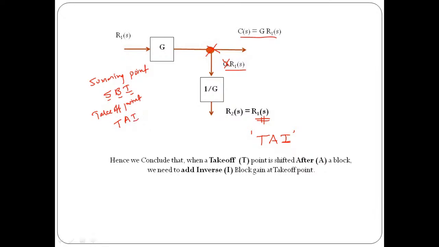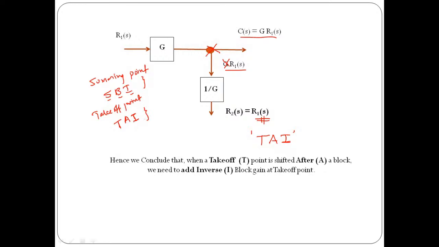So what is TAI? Whenever a takeoff point is shifted after a block, we need to add inverse block gain. So if you remember these two rules, then it is very easy to apply any logic. For example, if the summing point is shifted before a block, we need to add inverse block gain. In the same way, if the summing point is shifted after a block, we need to add same block gain.